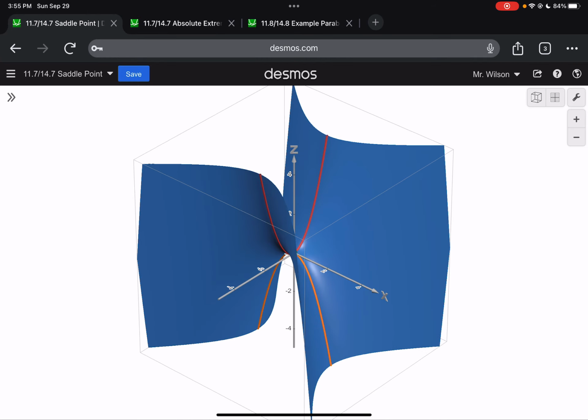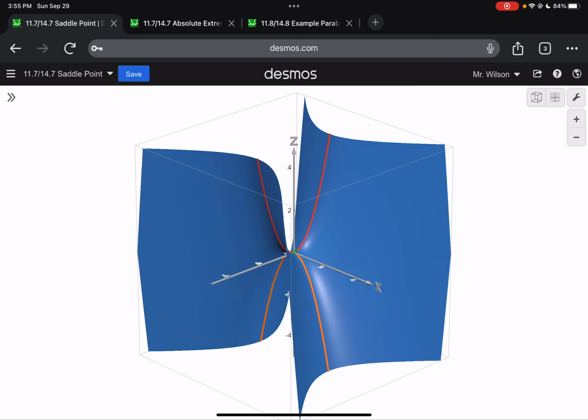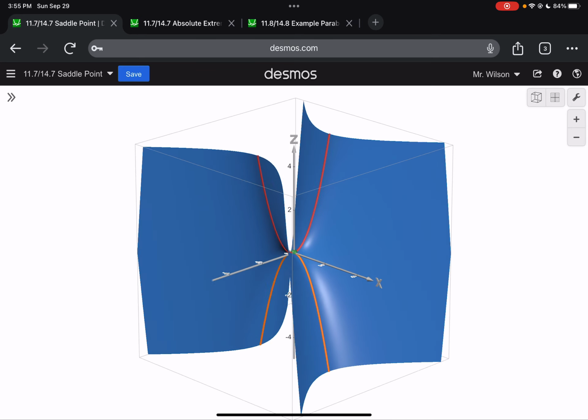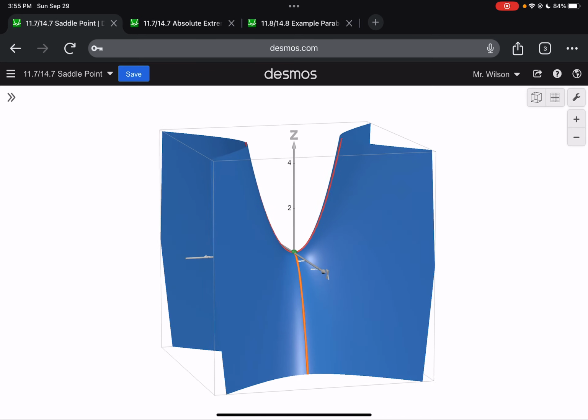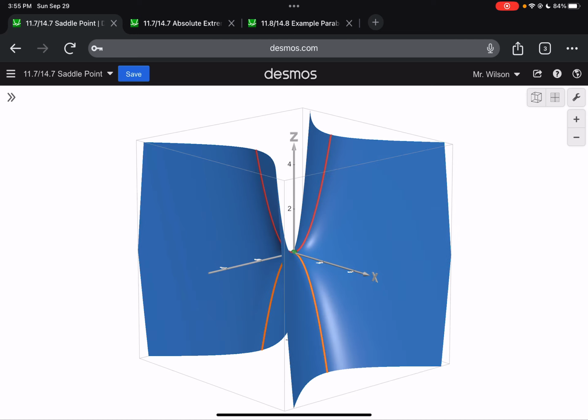That's that downward parabola. When we look along the y-axis, you can see that upward parabola, right, going up. So you've got values in one direction going up, values in another direction going down. Because if it was just based off of the red parabola, the upward one, it would be a minimum.